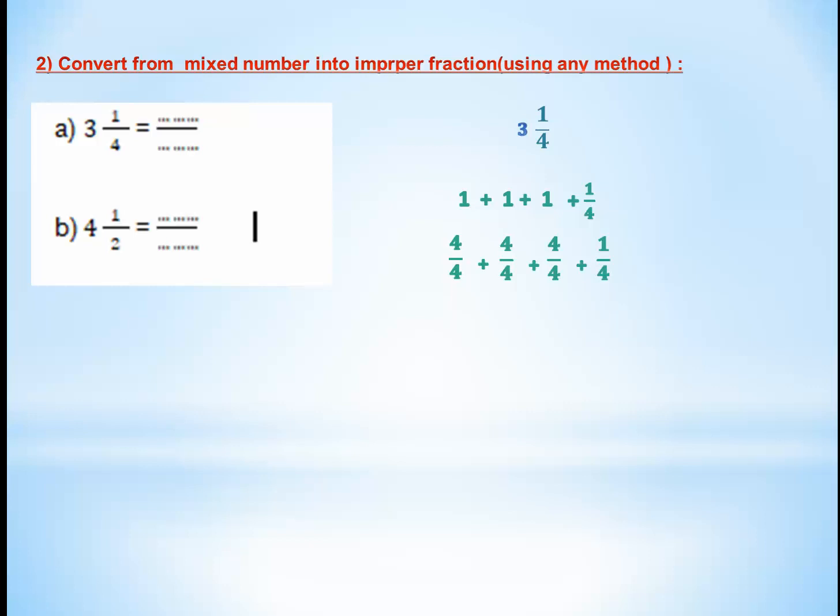It will be 4 plus 4 plus 4 plus 1. 4 plus 4, 8, plus 4, 12, plus 1, 13 fourths. Okay. And here we will use 4 times 2 equals 8. 8 plus 1 equals 9. It will be 9 halves.